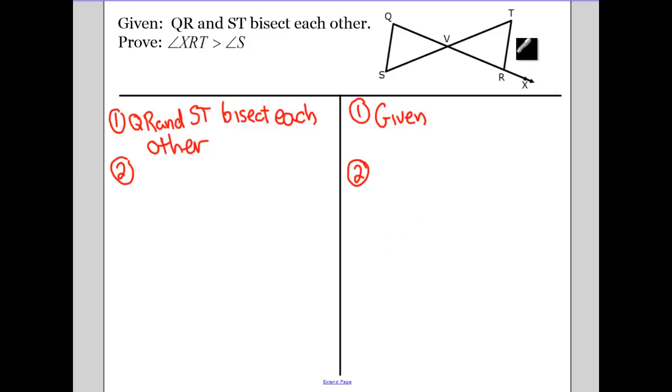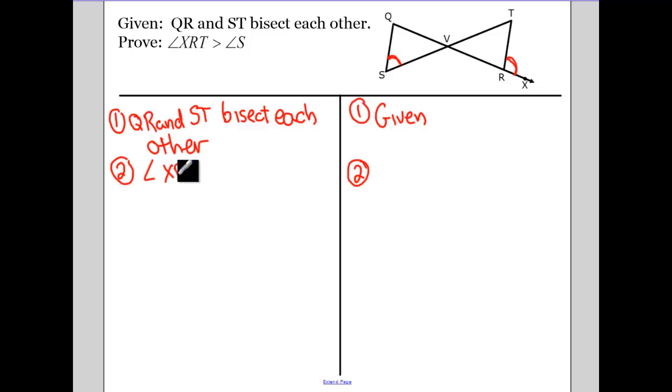I'm trying to show that XRT, this angle here, is greater than angle S. Well, think of how XRT is in relationship to all of these other angles. Well, XRT is greater than angle T. So let me write that down.